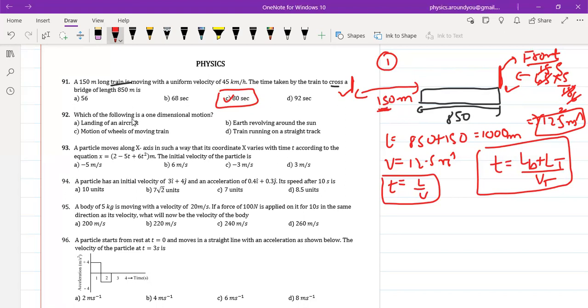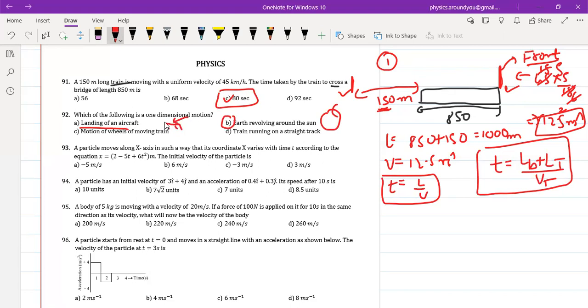The second one: which of the following is a 1D motion? This is actually a classroom discussion question. Earth revolving around the sun: two coordinates change because it is revolution. Landing of an aircraft: two coordinates change because if this is a runway, the aircraft will land in an oblique manner.